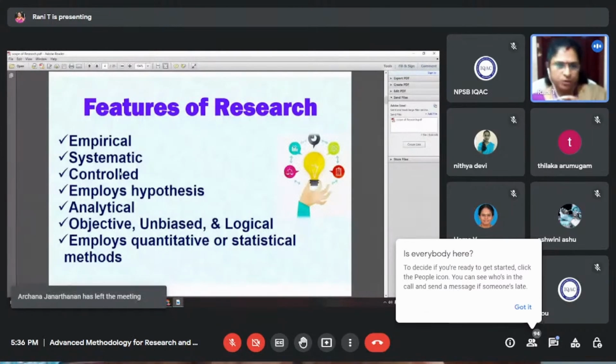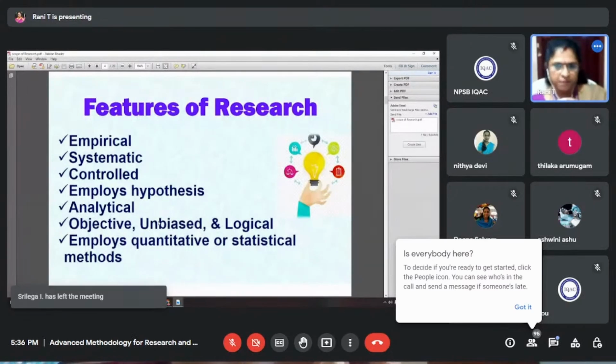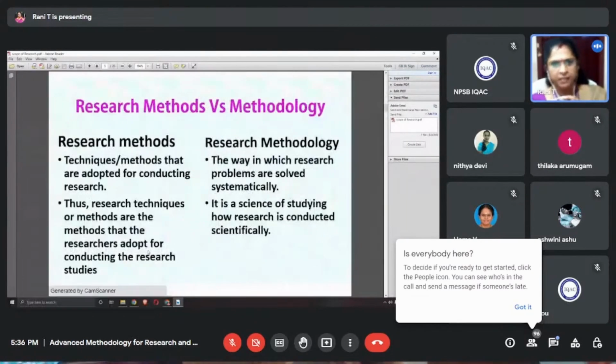We have to control the dependent as well as the independent variables, and we employ the hypothesis which we have already framed, and we critically analyze by using statistical tools. After analyzing, we match the result with our objective, that is our aim. After that, we come to an unbiased conclusion with logical reasoning behind it. And finally, we employ quantitative or statistical methods.